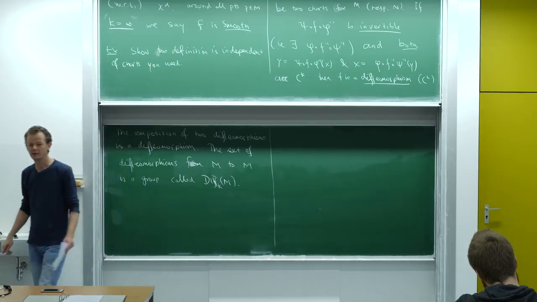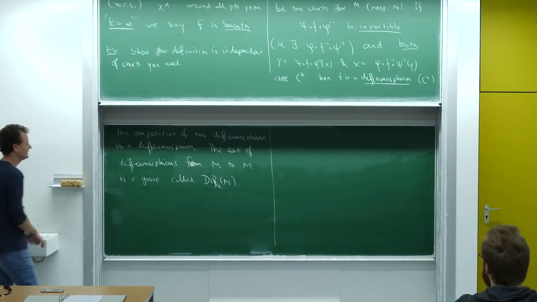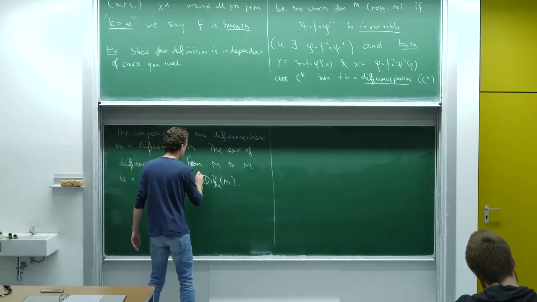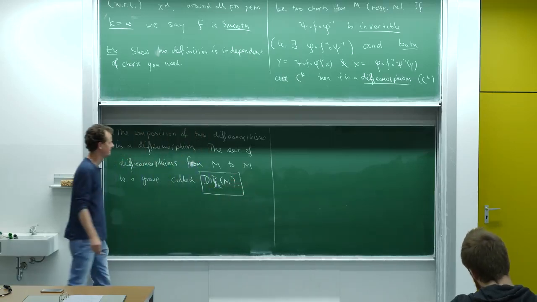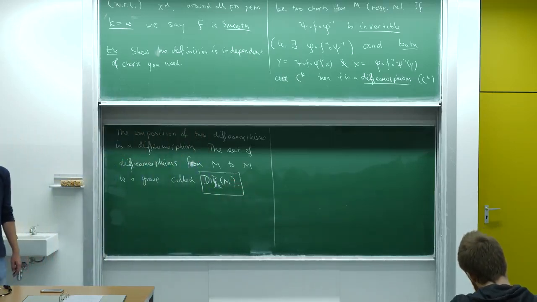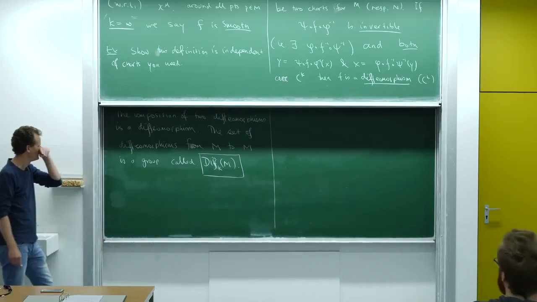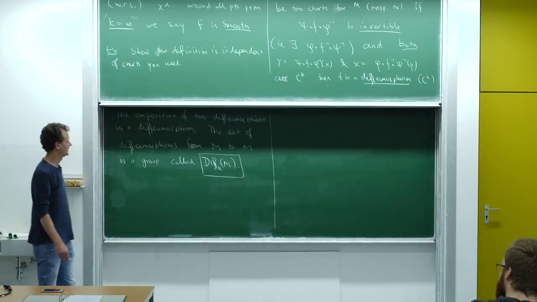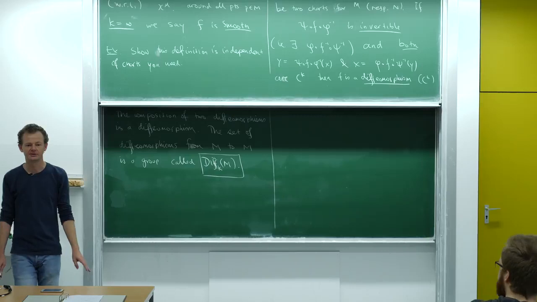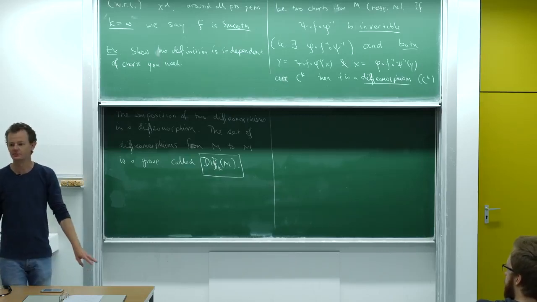And boy, what a group it is. This is a very, very interesting group indeed for very many different kinds of manifolds. And I'm going to dwell a little bit on the simplest, arguably the simplest example.